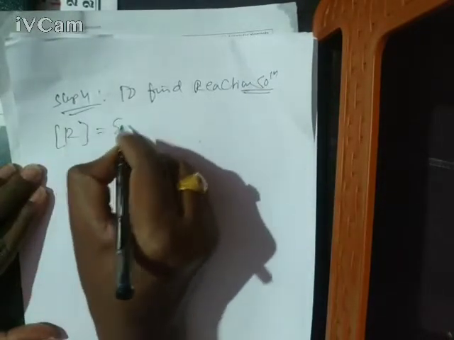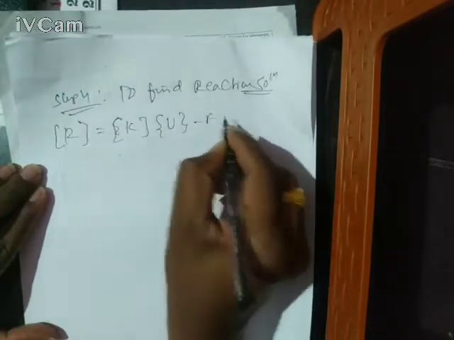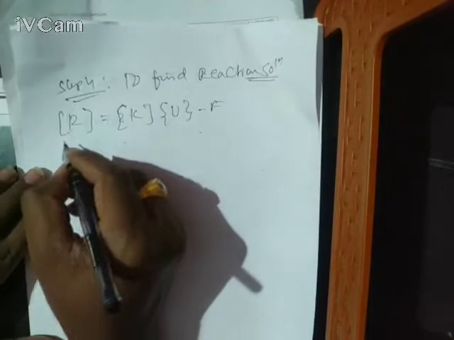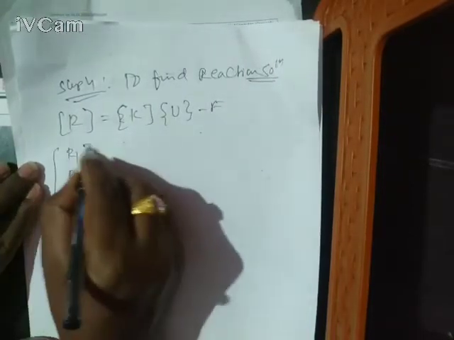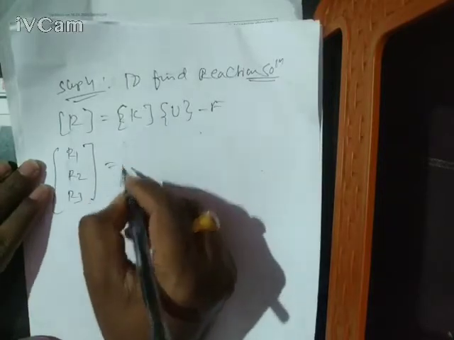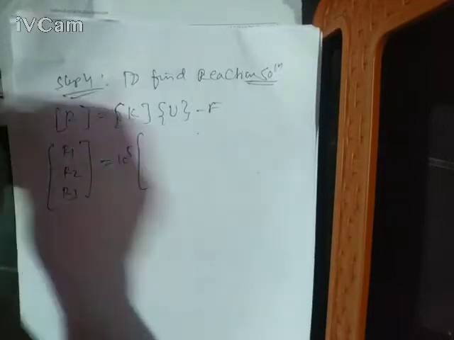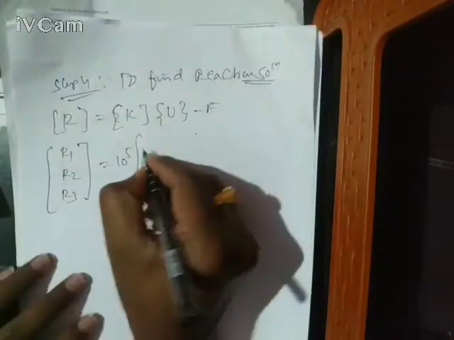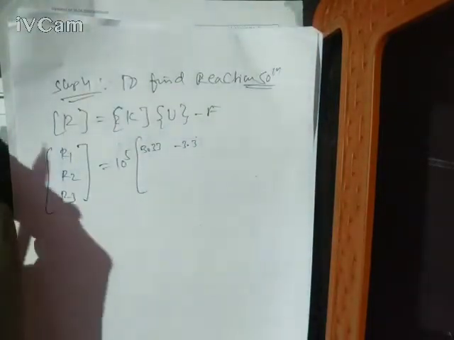R is equal to Ku minus F. Since there are 3 nodes, R1, R2, R3 is equal to this K matrix, we know that 10 to the power 5 into what? Just a minute, I will write my matrix. So 3.33, minus 3. Sorry, this is not my matrix.